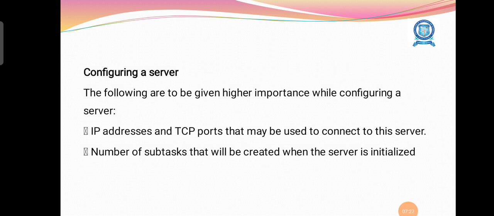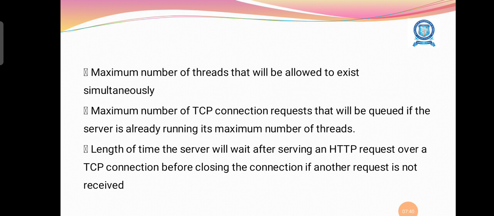Configuring a server. The following are to be given higher importance while configuring a server. IP addresses and TCP ports that may be used to connect to the server. Number of subtasks that will be created when the server is initialized. Maximum number of threads that will be allowed to exist simultaneously.